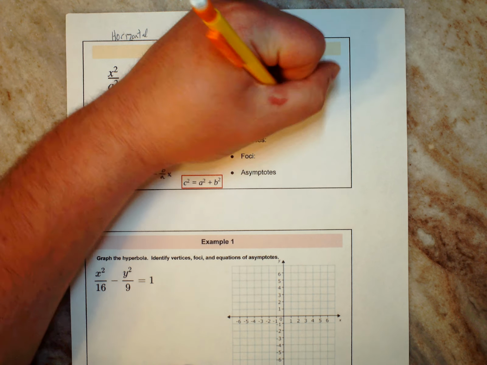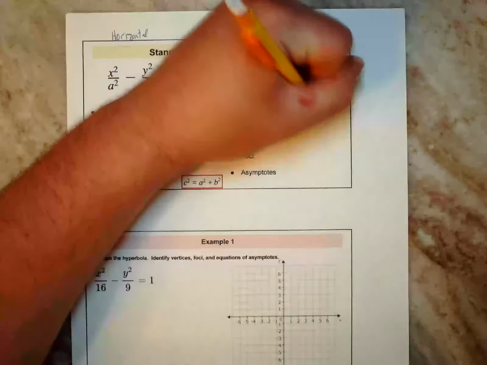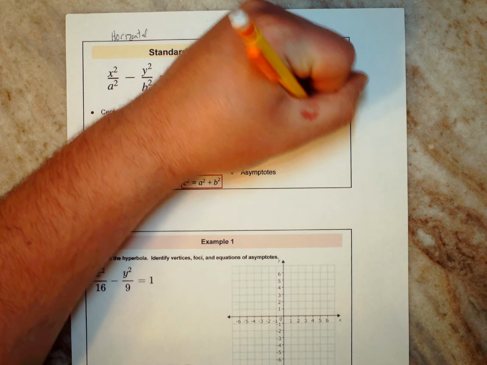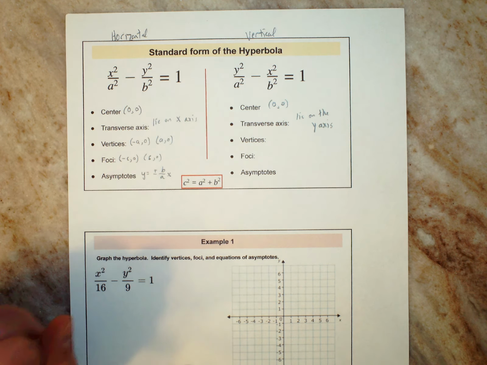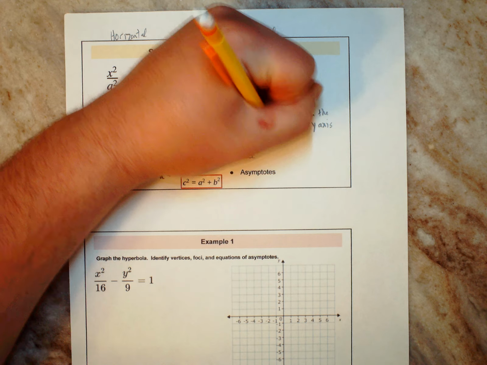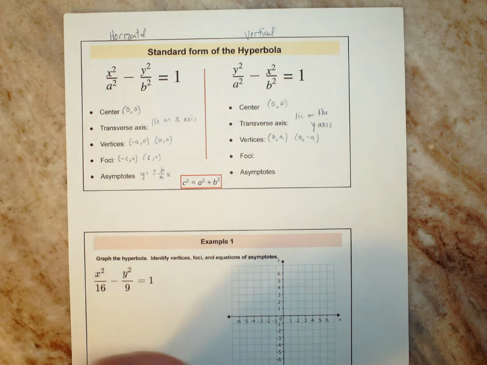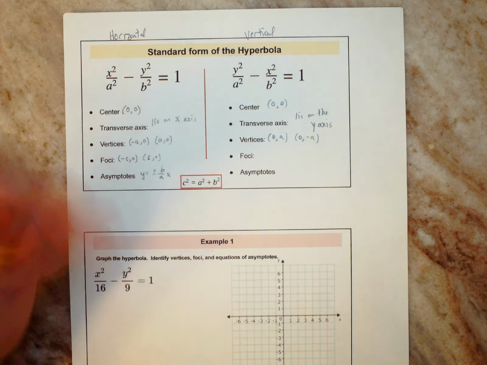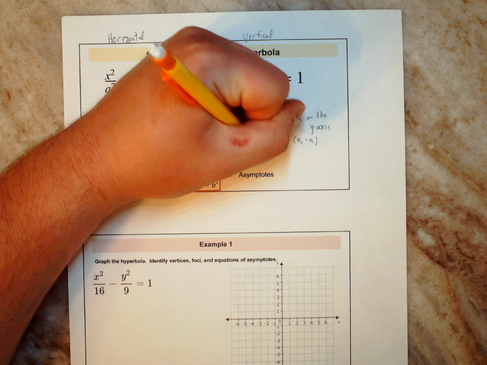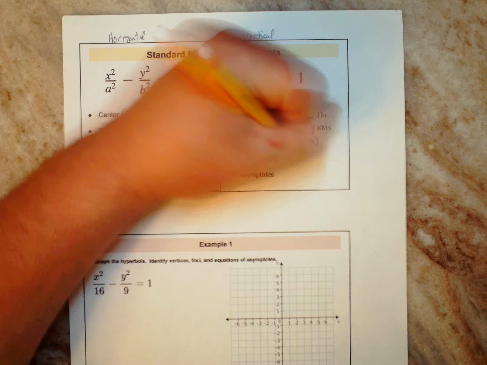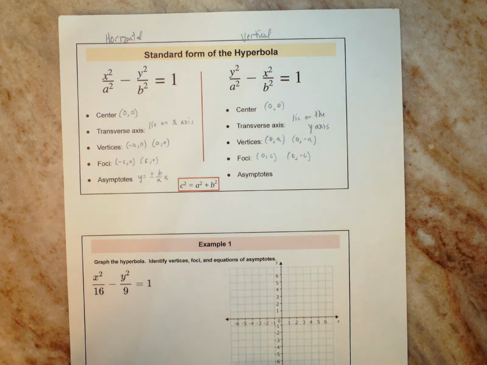So our transverse axis is going to lie on the, you guessed it, y-axis this time. Our vertices are going to be 0, a, and 0, negative a. And now since our foci are on the same axis as our vertices, those are going to be 0, c, and 0, negative c.